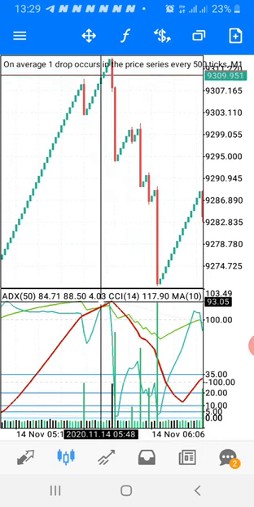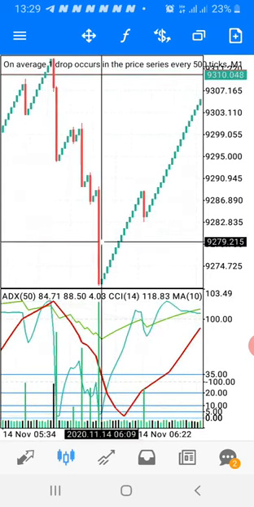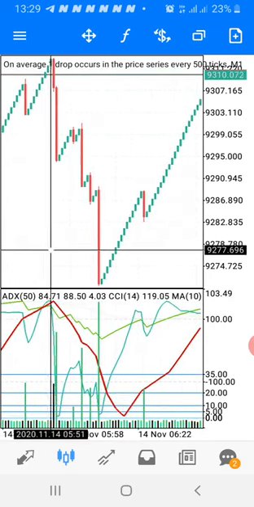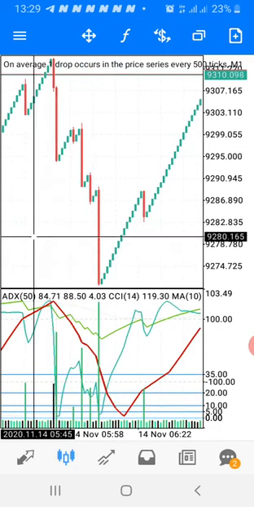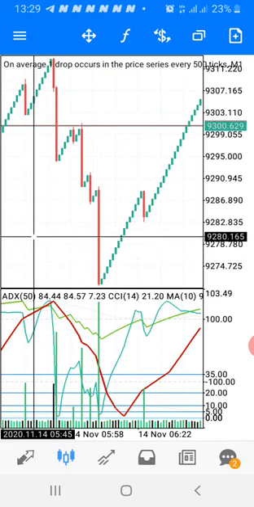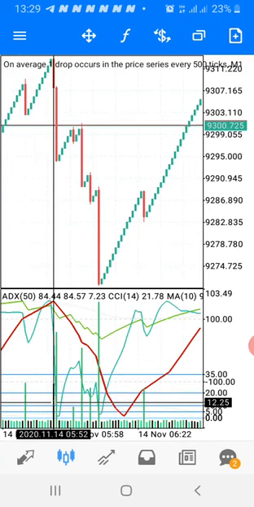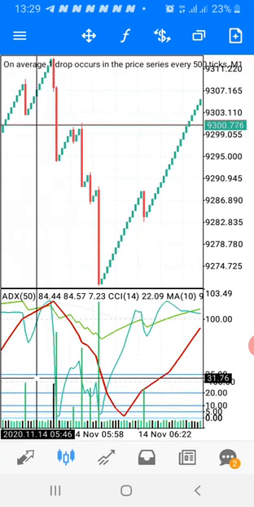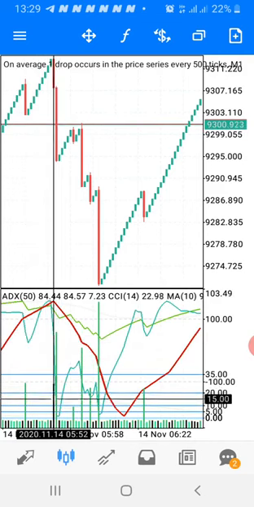And something to note is that when you catch a spike like this and the next candle is a black candle, just like this black candle, you understand?